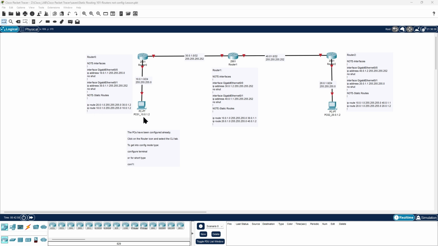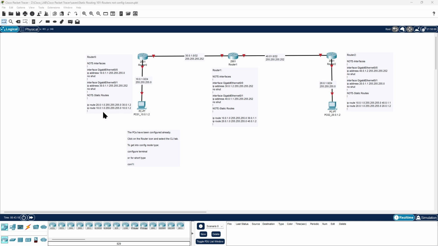is tell this router how to get to this PC on the far end, and the opposite too. In the static routing, you see how we put down ip route 20.0.1.0, which is how do I get to that network on the far end, anything on the far end.